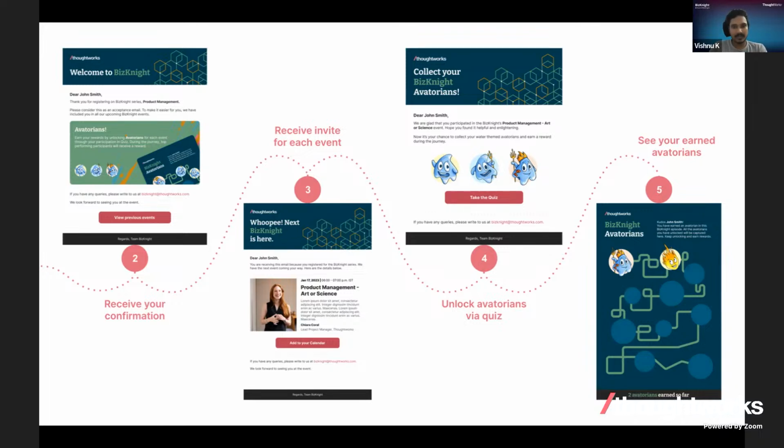For every event you will receive an email, and post every event you will also get an email through which you can attend the quiz. For every event we have designed a new avatarian, and once you have attended the quiz, you will be able to unlock those avatarians in the BizKnight booklet. At the end of the product series, based on the participation and the avatarians you have unlocked, you will be able to receive rewards.